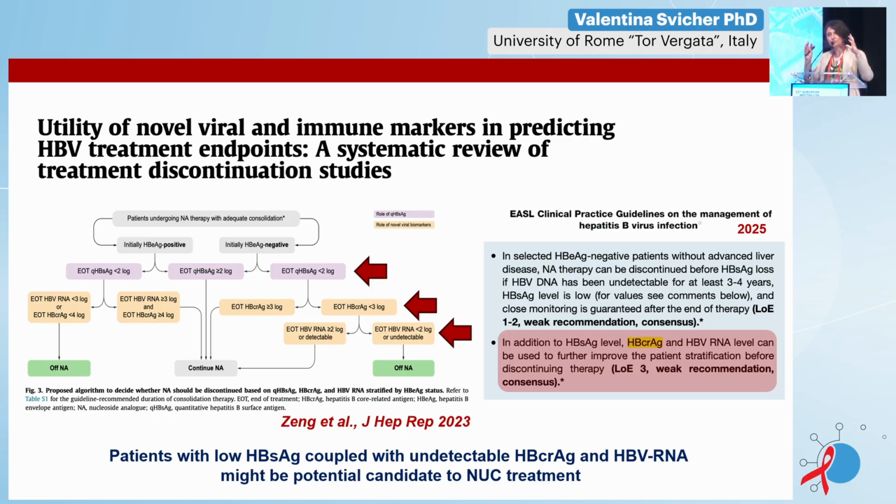And so, potentially, people with a low HBsAg coupled with an undetectable correlated antigen and HBV RNA may be potential candidates for NUC suspension.